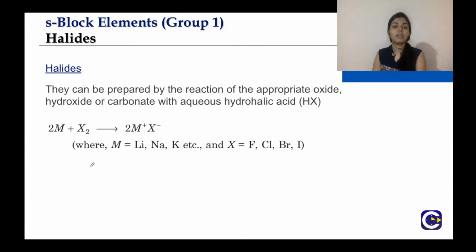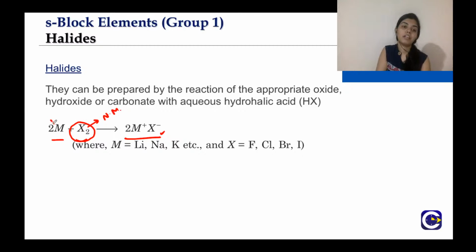The second thing that you can do is treat the metal with halogens directly and they will form an ionic solid, that is M plus X minus. Obviously we know that halogens are non-metallic in nature, while the alkali metal that you are taking is metallic, so they form an ionic compound rather than a covalent compound.